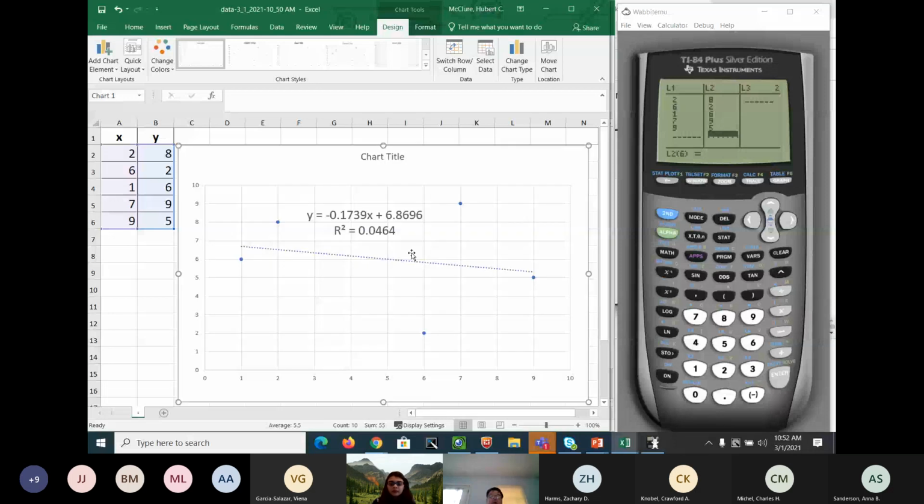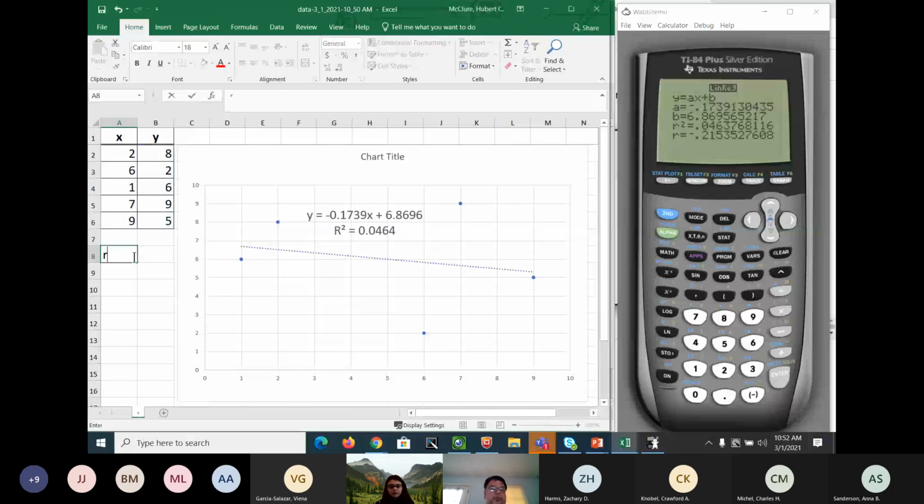Okay, so write it down. Everybody write down the numbers. I'm going to hit stat, calculate, linear regression. Everything is there, and there it is. R is negative 0.21. Let's take the square root here. R is equal to 0.0464 raised to the 0.5 power.